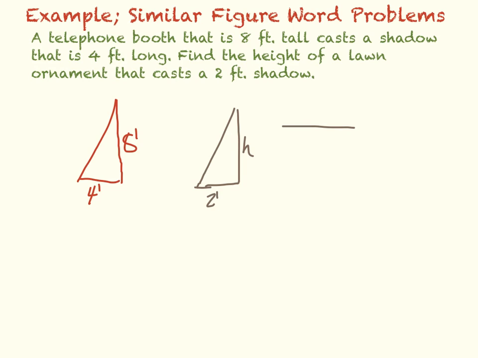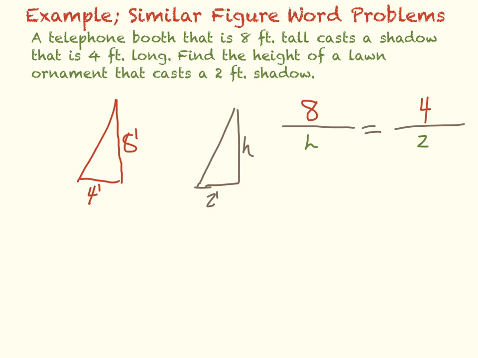So that would give me the height of the telephone booth and the height of the lawn ornament is going to be equal to the shadow of the telephone booth over this shadow of the lawn ornament.